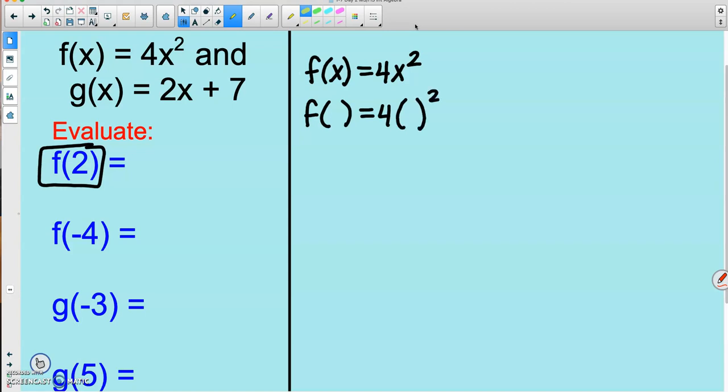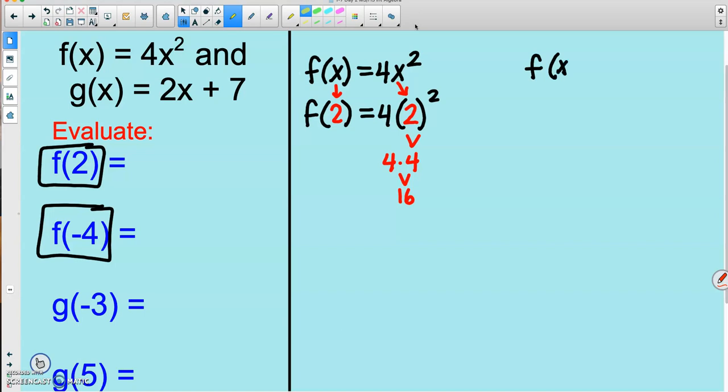So that means that I'm changing x into 2. Changing x into 2. And then we simplify it. 2 squared is 4. 4 times 4, 16. Like that. My next one says f of -4.